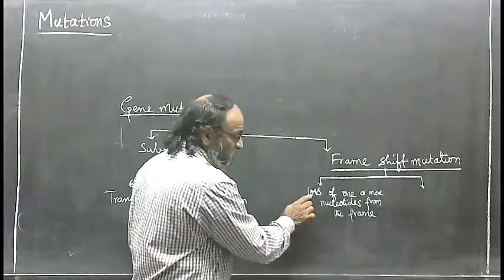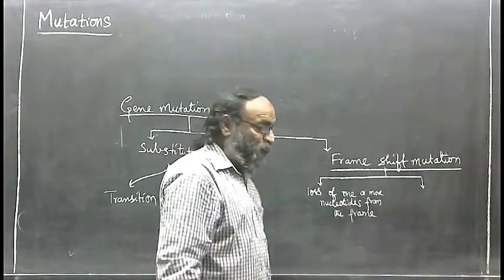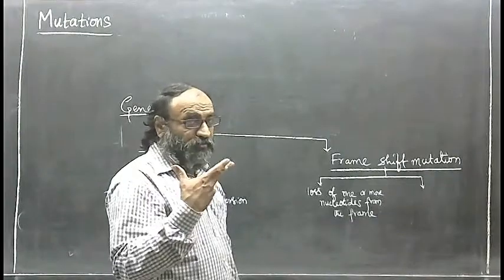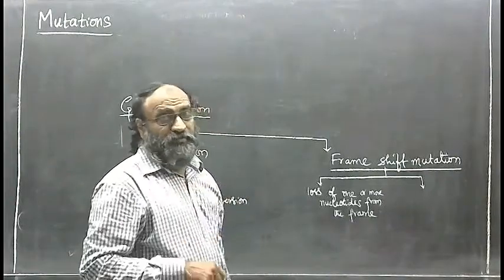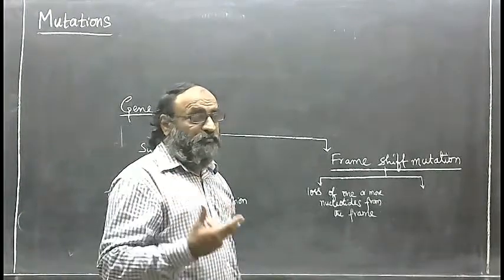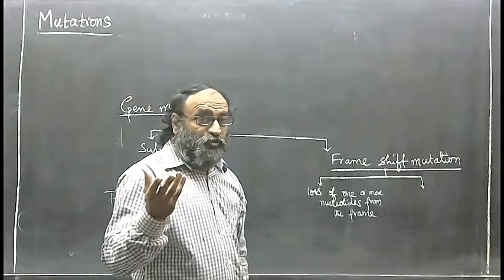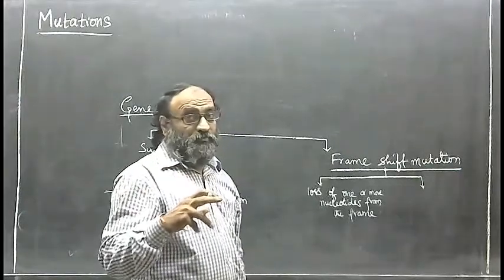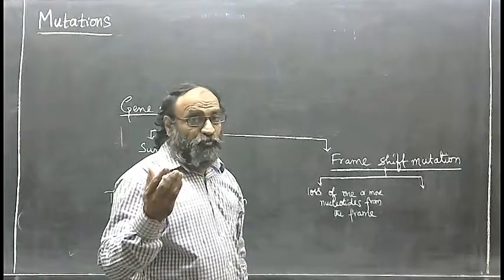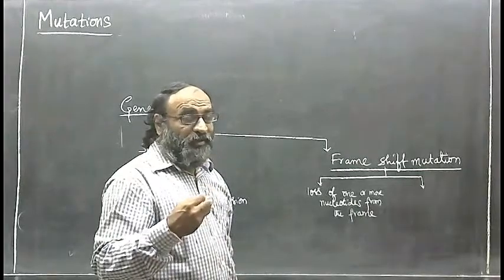When there is a loss of one or more nucleotides from the frame, then the length of the frame decreases. Then the nature of the codons also gets changed. Let us examine.